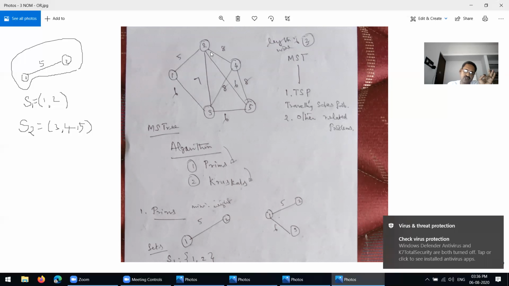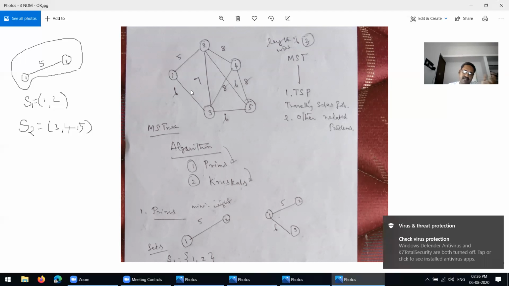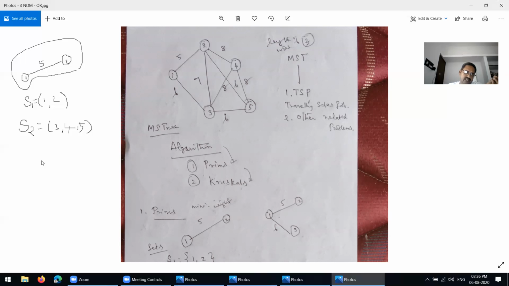Therefore this also represents a tree. 1, 2, 3 represent the tree here, where you take 1 to 2 and then 1 to 3. Now again we have to replace here.